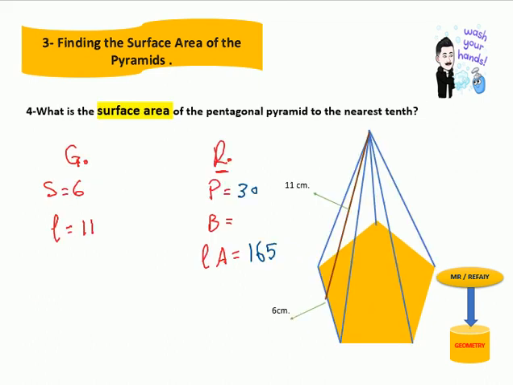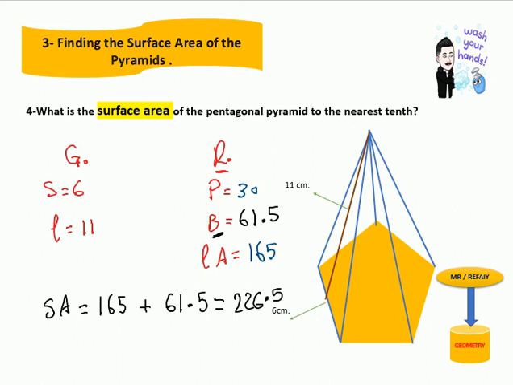So now we can write here the area of the base, it's 61.5. After that we can get SA, which is LA 165 plus base area, which is 61.5. So the final answer will be 226.5 centimeters square. So this is the answer of this question.